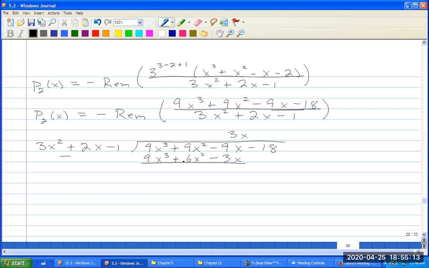So the 9x cubes cancel. 9x squared minus 6x squared is 3x squared. Minus 9x minus a negative 3x becomes a plus 3x. So 3x minus 9x is minus 6x, minus 18. So let's divide 3x squared divided by 3x squared, which is just 1.